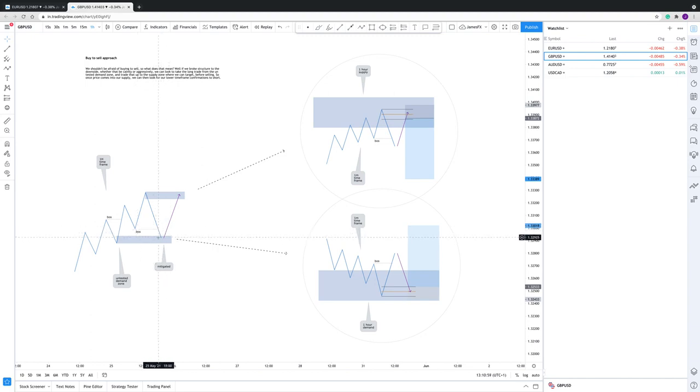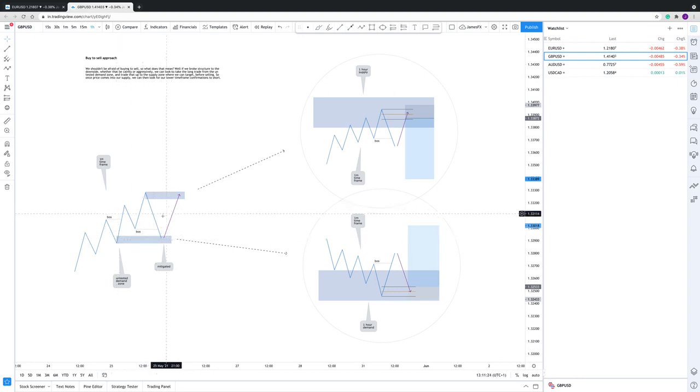Liquidity is being taken, so people are getting stopped out to then see price come in to a supply zone. So it basically clears the way for liquidity, and price can tap into a supply zone, and then we can short from here.